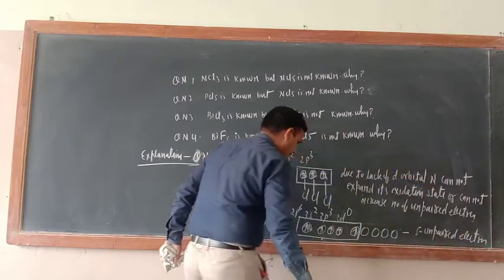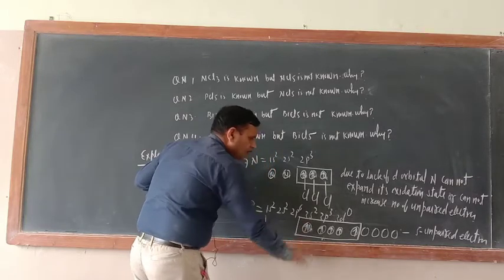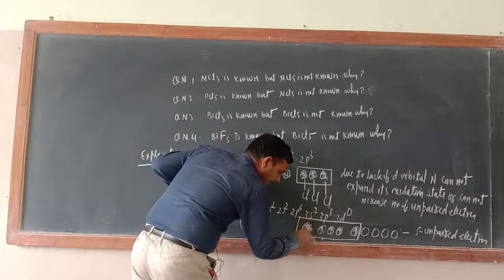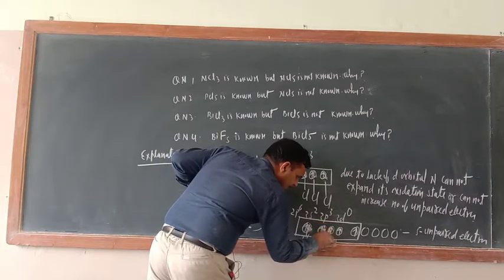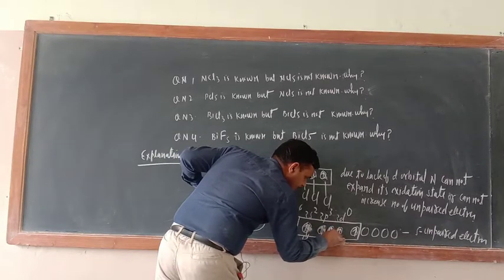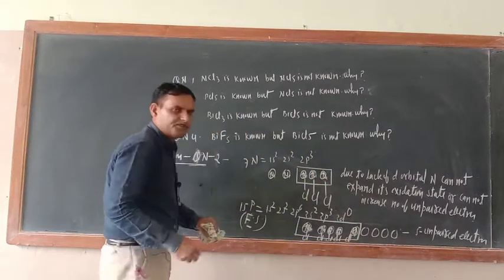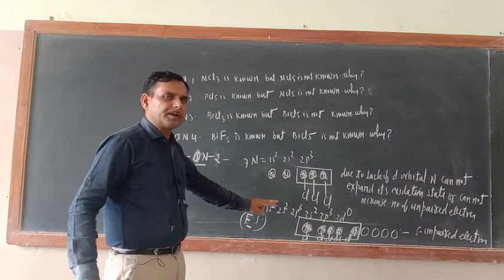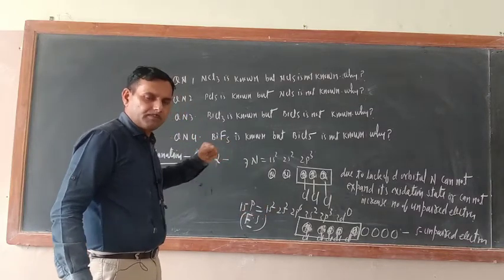So these 5 unpaired electrons can now overlap with 5 chlorine atoms. Here Cl, here also Cl, here also Cl, here also Cl, here also Cl. Correct or not? 5 chlorine atoms can overlap or not? So that is why PCl5 is possible.